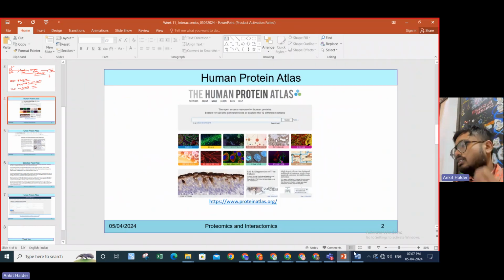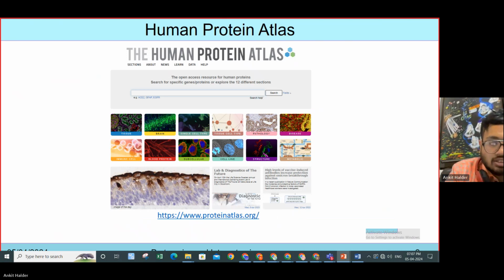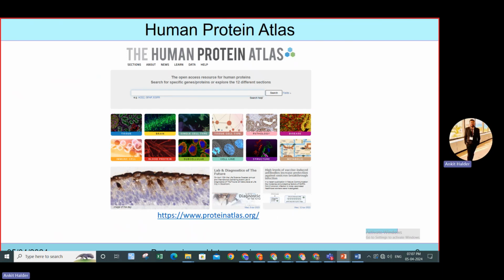Human Protein Atlas to begin with. We would be happy to know that India also participated in giving the pathology atlas, so we will be looking into that in detail.